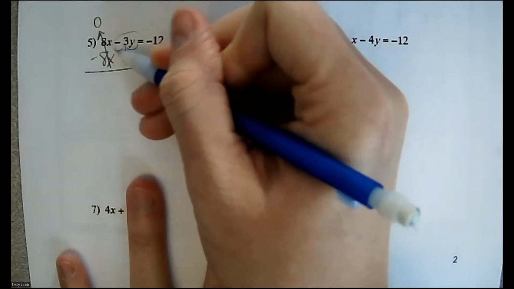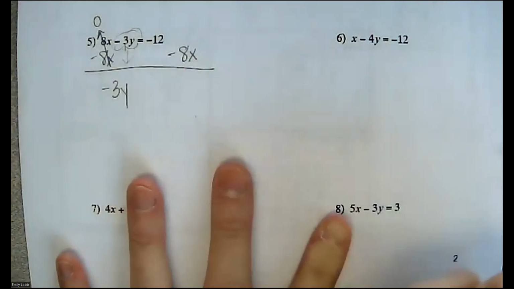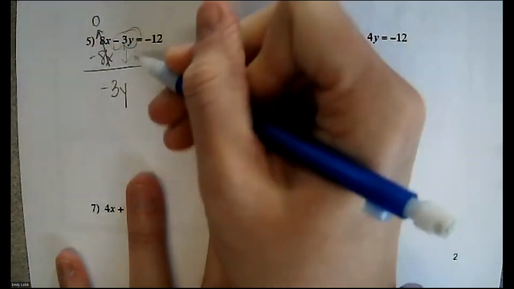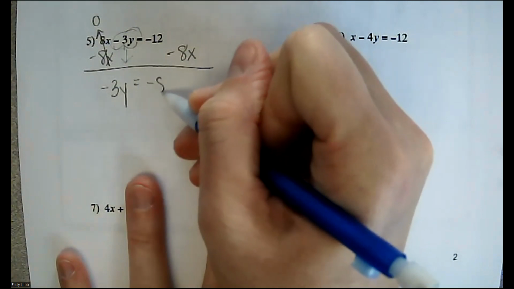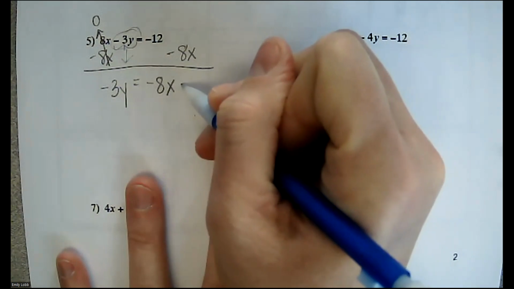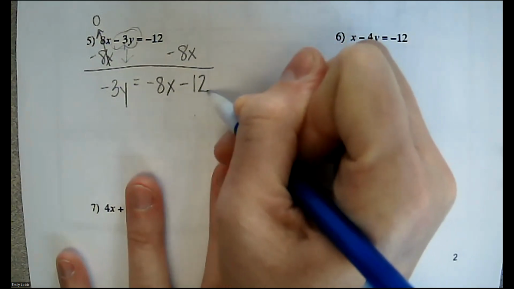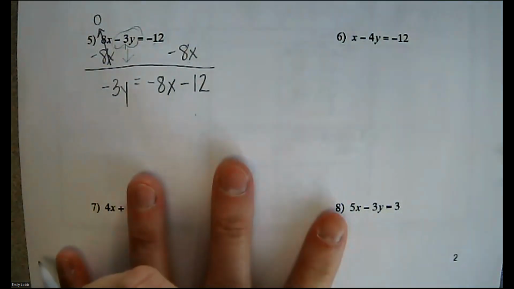That is the whole term. So negative 3y is equal to, it's easiest here to put your variable term first, so you don't have to rearrange later, and your constant second. Variable term, constant.